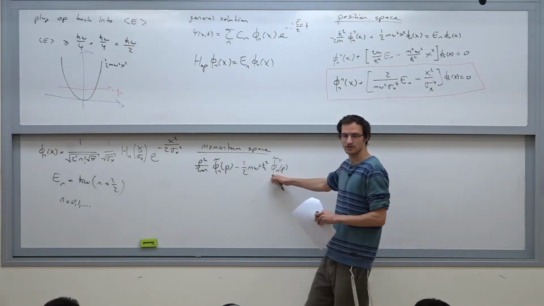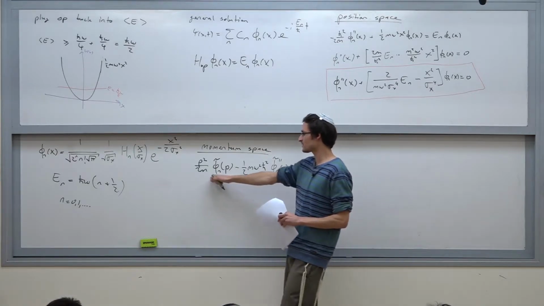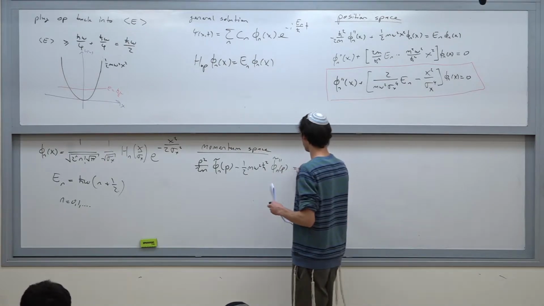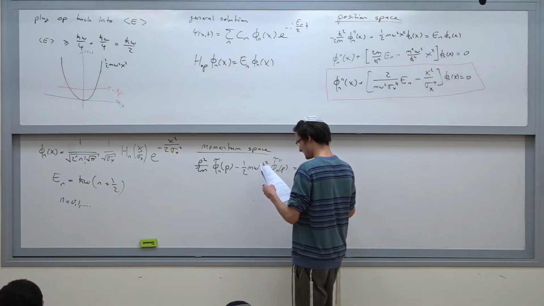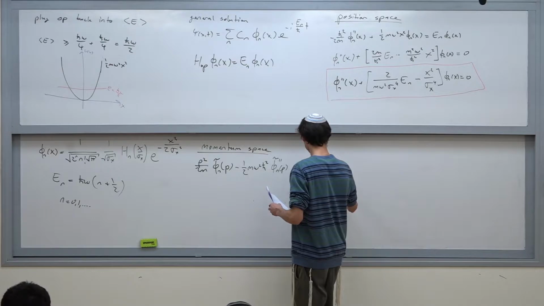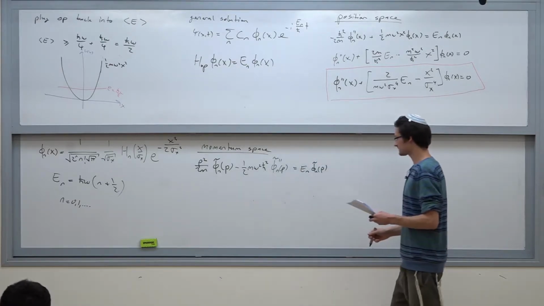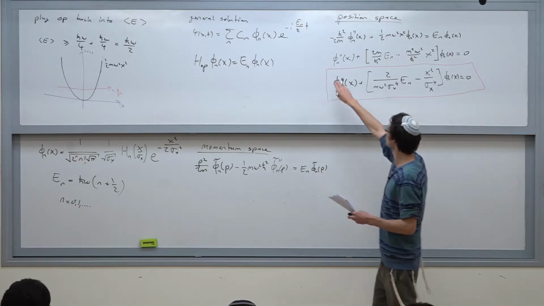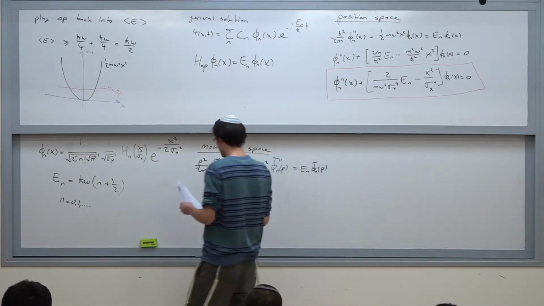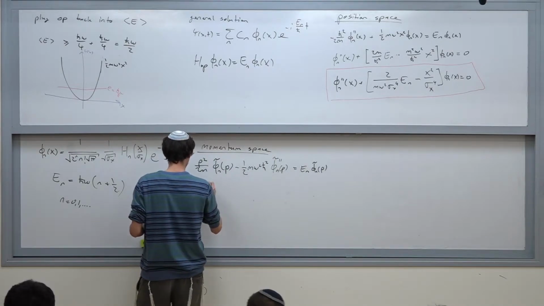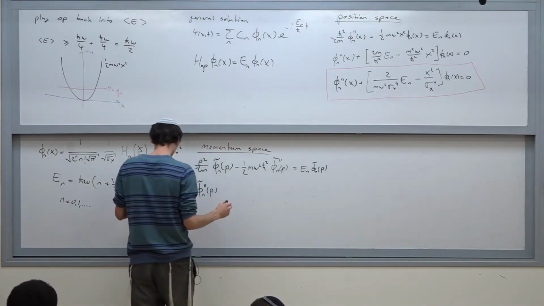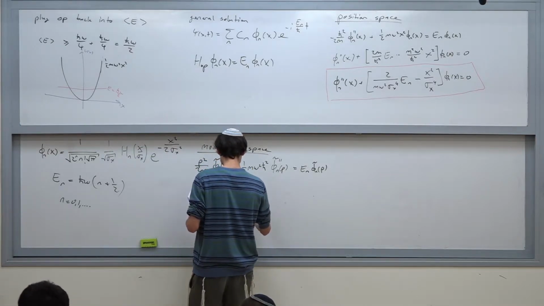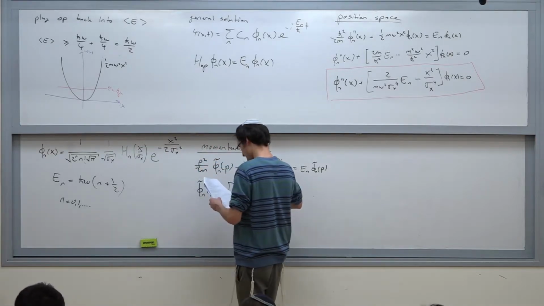The derivative is now in the potential term, and the kinetic term has simple multiplication. It's exactly the opposite. And that needs to be equal to the energy again. I will move stuff around to get it into the form where I first have a derivative and then all the rest. So it will be apparent that this is an ordinary differential equation, which is homogeneous. Sorry, I'm jumping ahead of myself.